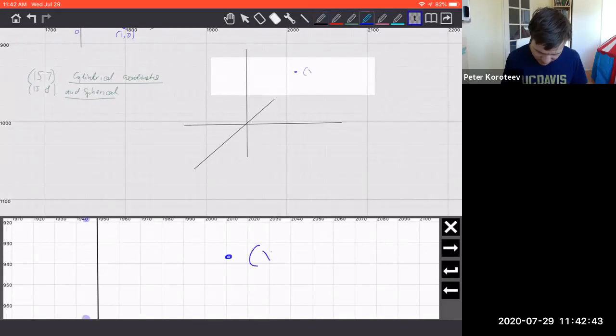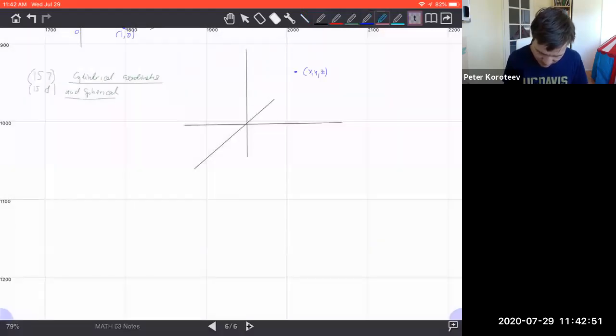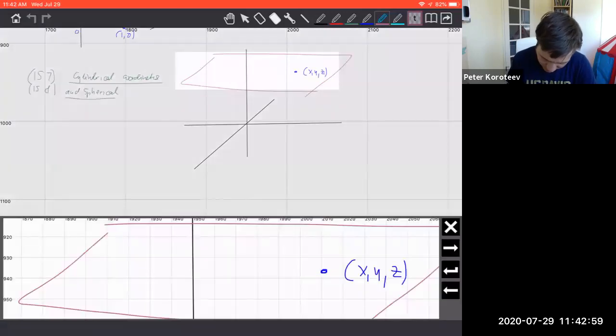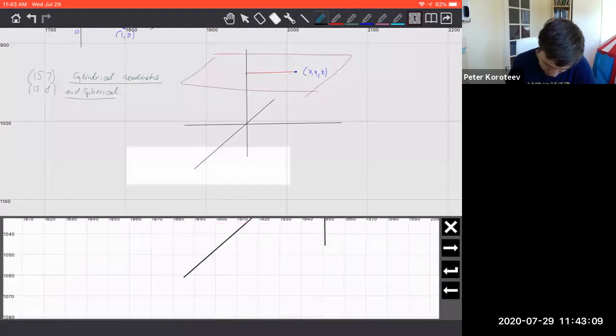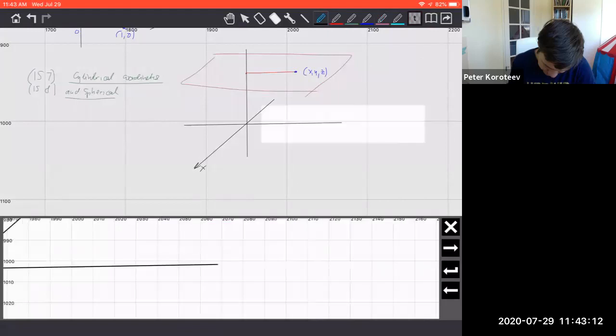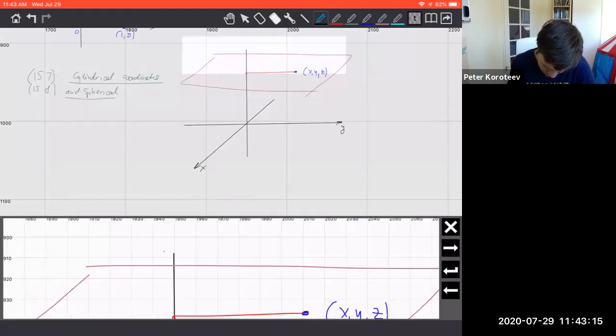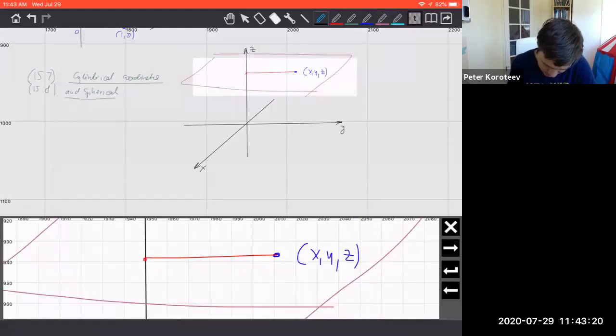If you have a point with coordinates x, y, and z in the Cartesian coordinate system, then you do the following. First, you take the plane which is parallel to the xy plane and passes through this point, and then you connect it with the z-axis. So that will be radius r, right?